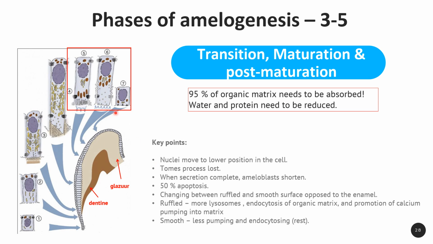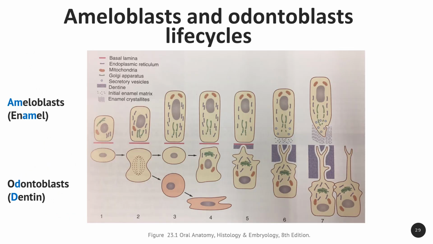So if you lump these together, this is the resorption of water and protein, shuffling between this ruffled phase and smooth phase, actively resorbing here and resting here, and dying through apoptosis here. If you put these all together, so now you need to think back to the previous Kennisclip about odontoblasts and dentinogenesis, ameloblasts and enamel. So this is how I remember them, with the D's and the AMs.